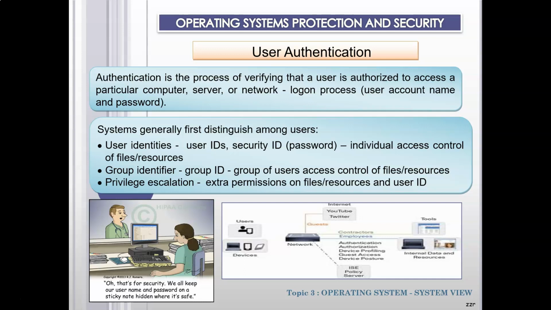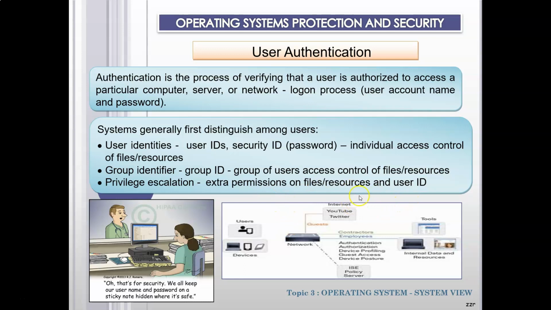Every PC in the work group will get the same setting. That's what we call a group. And then lastly is group privilege escalation, extra permission on file resources and user ID. This means you can get privilege escalation or extended privilege by asking your administrator to get more access to a particular resource.